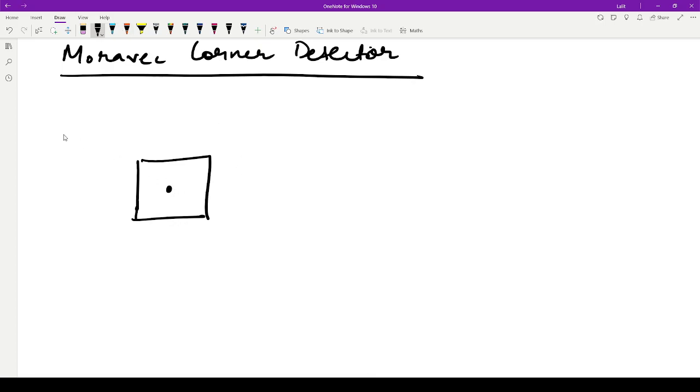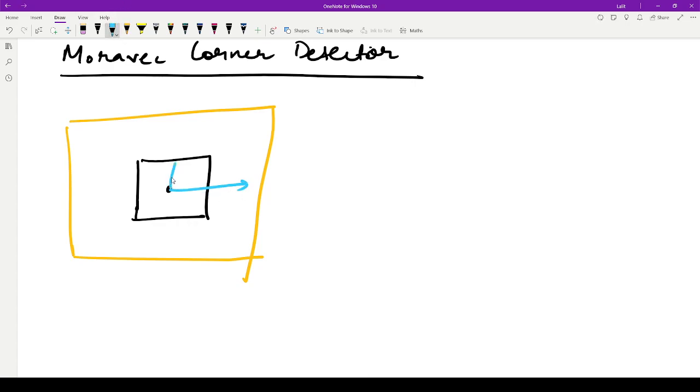If this outer thing is the full image, you can move in all these directions. So there are all these eight directions. What do you mean by moving in these directions? I take this window and place it here.